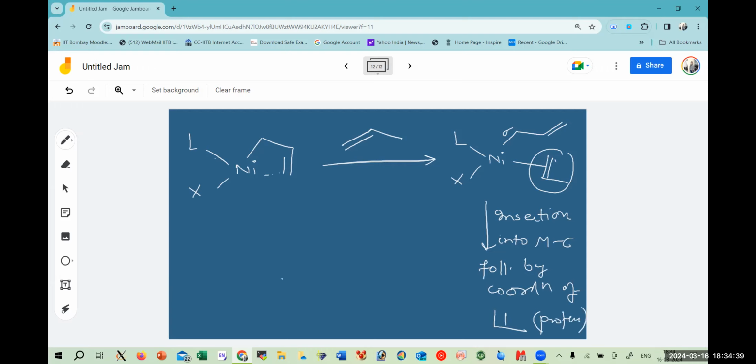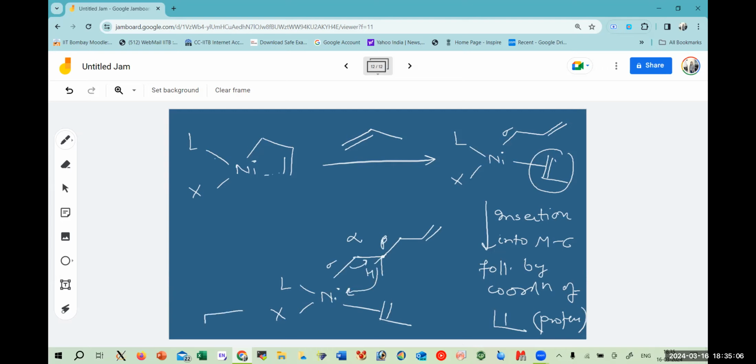So what it will give us is L nickel X. I have introduced this coordinated molecule, and when the other one gets inserted over here, it will form this kind of branched alkene, still connected as a sigma bond. Now if you see here, it is alpha, beta, and this beta is having hydrogen.